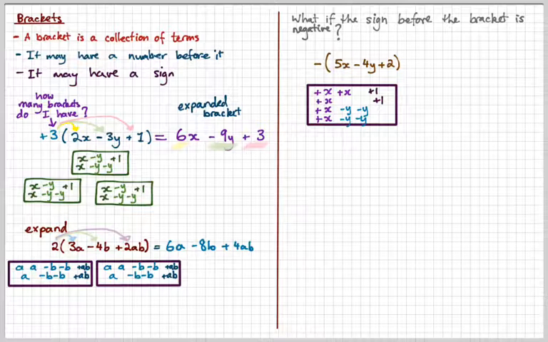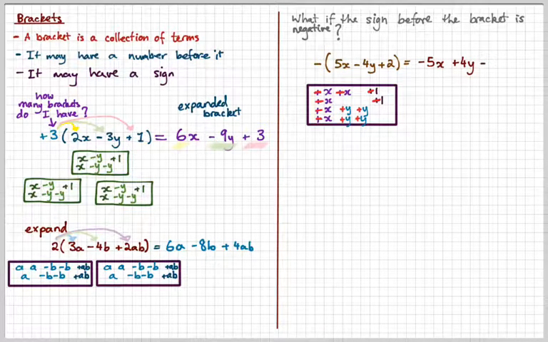So where I've written plus x, each one becomes a minus x. Where I've written minus y, each one becomes a plus y. And where I've written plus 1, each one becomes a minus 1. So that minus sign before the brackets turns the box into an anti-box. So I could expand this bracket now, and I could say that it's minus 5x's, plus 4y's, and minus 2.